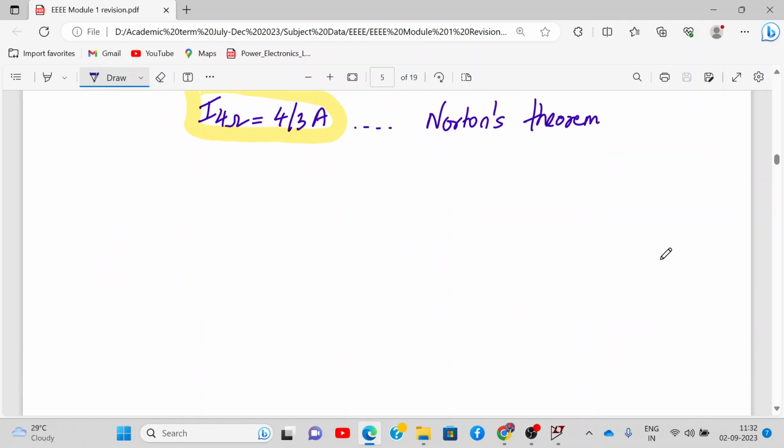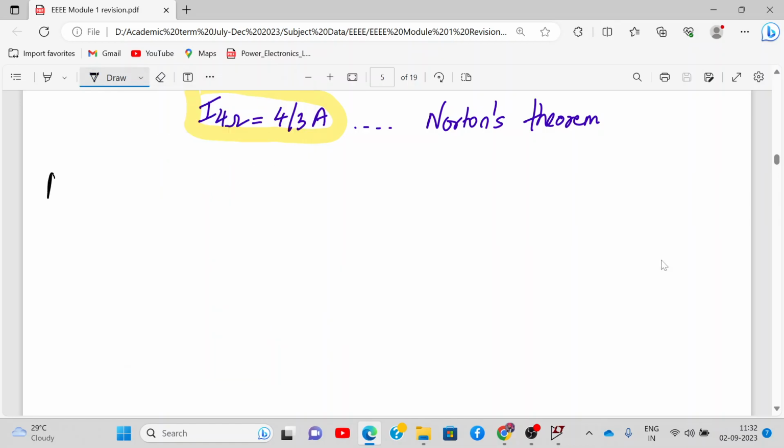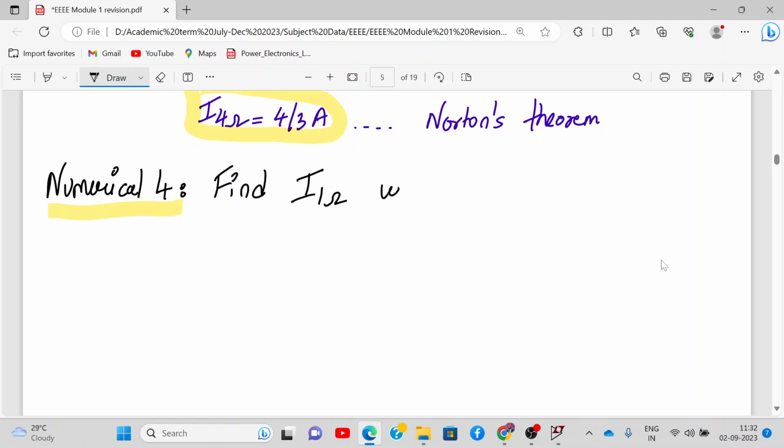Numerical number 4. I hope you all are following Norton's and Thevenin's theorem and you are comfortable with that now. Let's start. This was one of the numericals which was asked in the practice test. So numerical number 4. Find the current in the 1 ohm resistance, I of 1 ohm, using Norton's theorem.